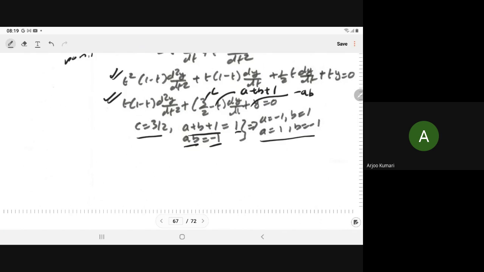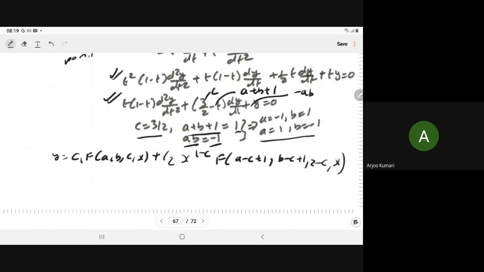So we know what is the solution? y is equal to C1 f of a b c x plus C2 x to power 1 minus c f of a minus c plus 1, b minus c plus 1, 2 minus c and x. So here we have the solution.